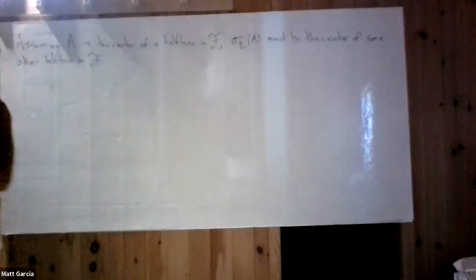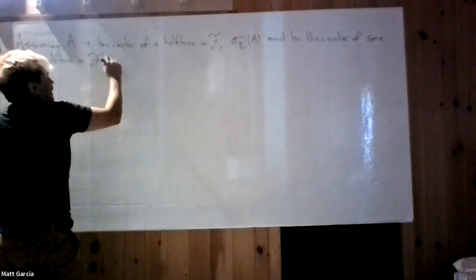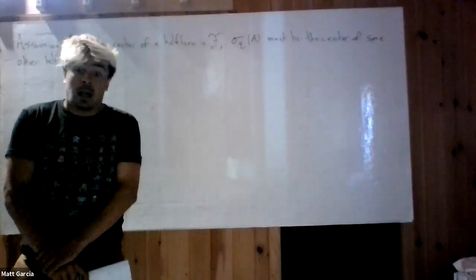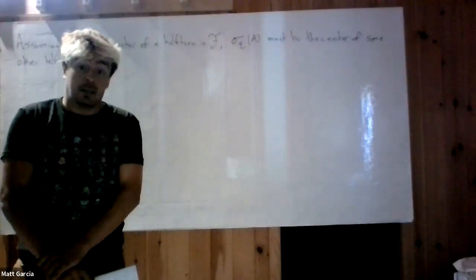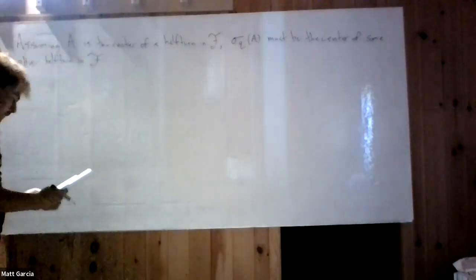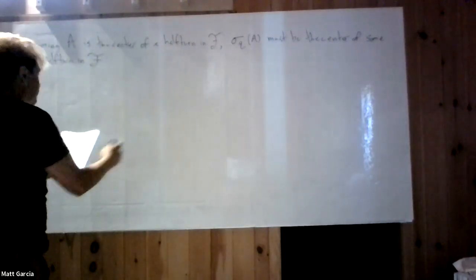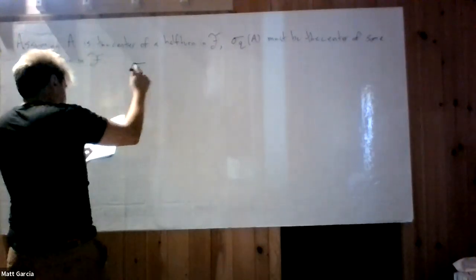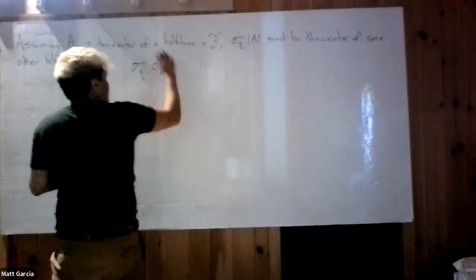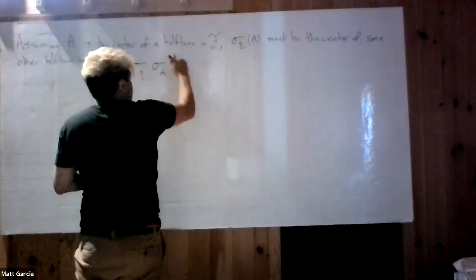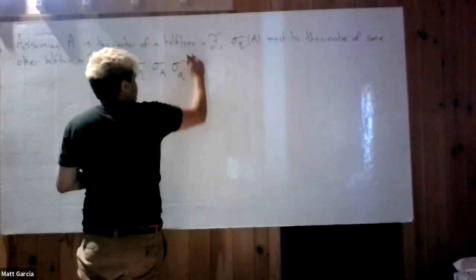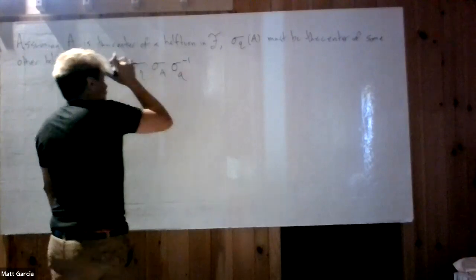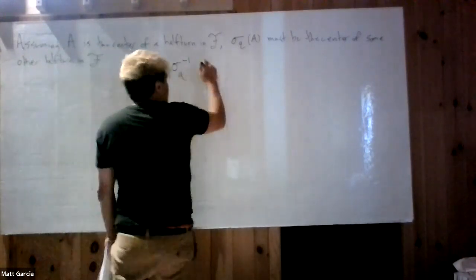So why is this? It's the main theorem that we have used today about conjugation, right? That is to say, we're assuming sigma Q is in F, and we have this half turn that has center A. So when we conjugate the half turn by this reflection, what do we get?